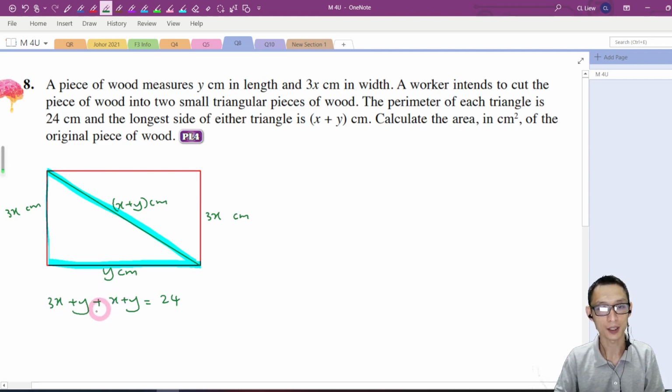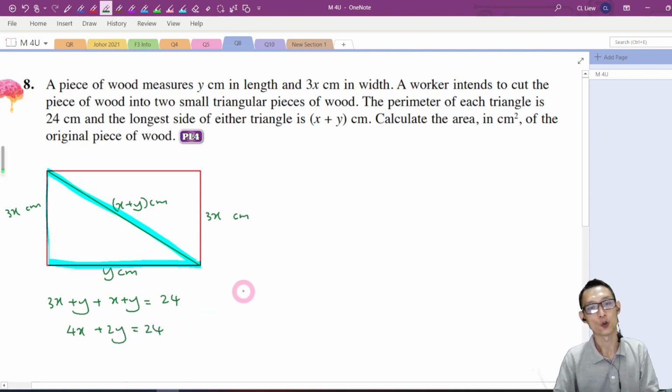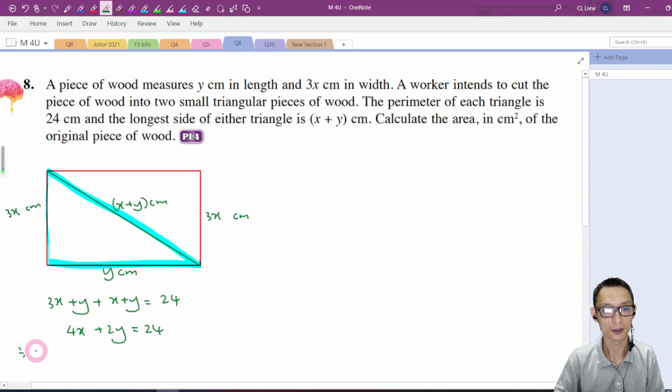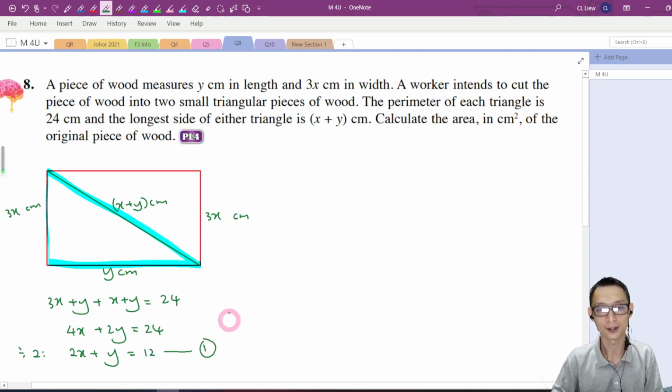So 3x plus x, we will get 4x, and y plus y, you will get 2y, and this is 24. So we can make the number become smaller by dividing this equation by 2. When the number becomes smaller, it's actually easier for us to do it. So 4 divided by 2, you will get 2x, and this divided by 2, you get y, and this we will get 12. Okay, this is the first equation.